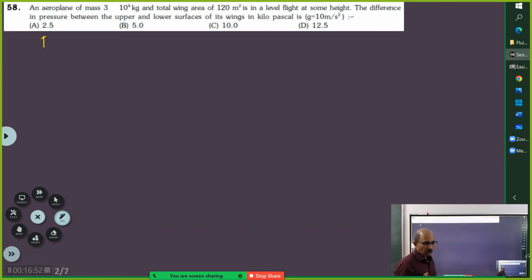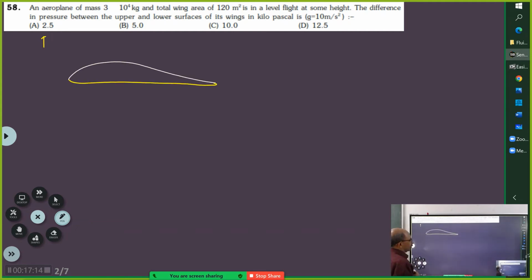Okay, friends, some of you are not able to solve at all for whatever reason. So those of you who cannot solve, just draw the aeroplane wing. You draw the aeroplane wing. Now say the air from here starts moving.